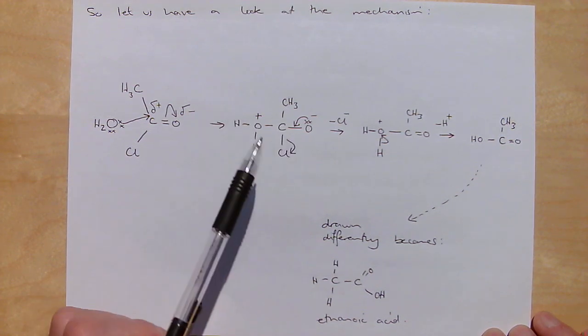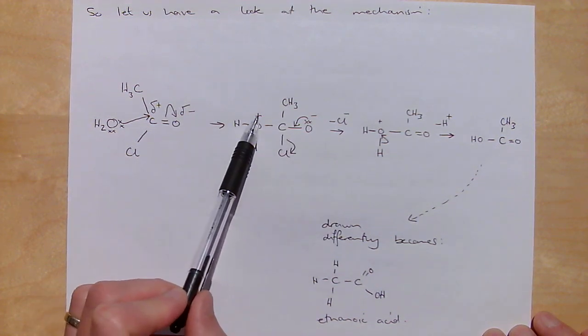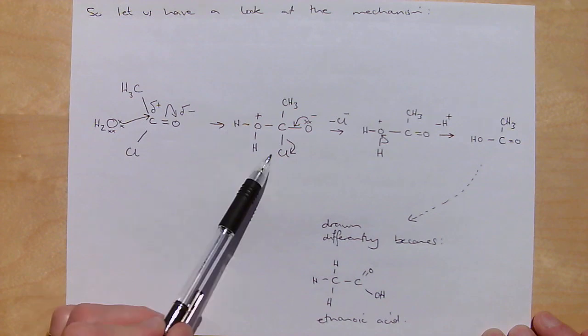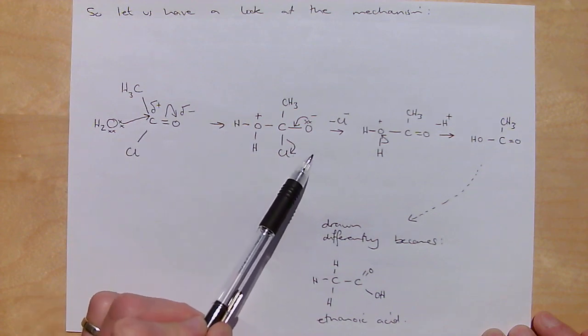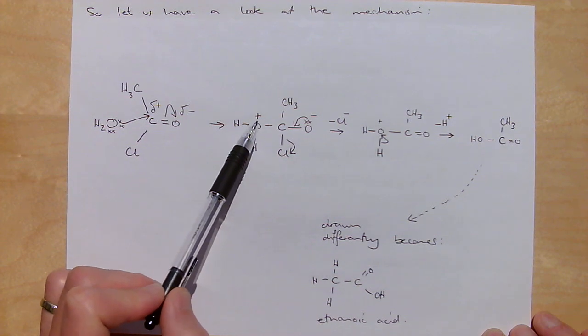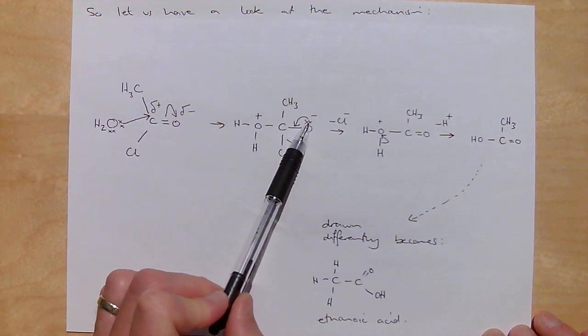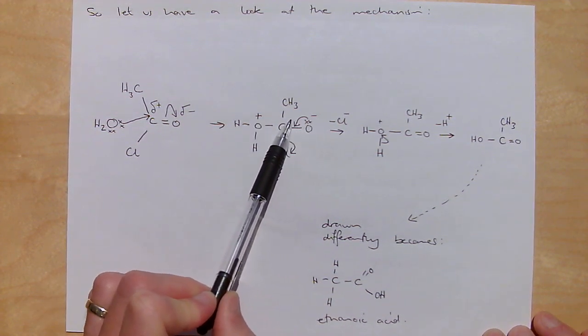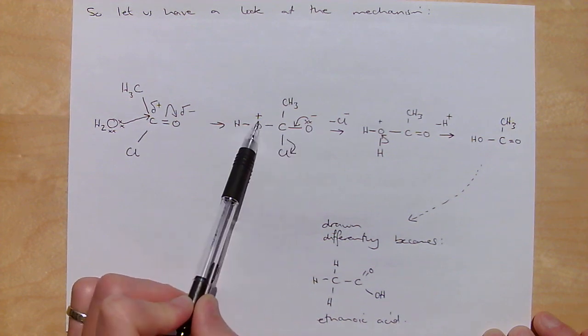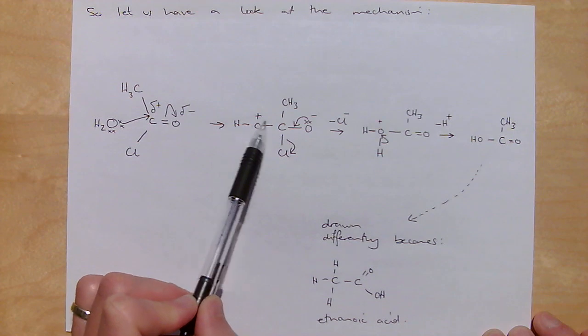The next thing that happens is that this positive charge influences the electron distribution throughout this intermediate. Because we've got a positive there, it causes the electrons to be dragged through the molecule this way. Electrons are negative, we've got a positive here, opposite charges attract.